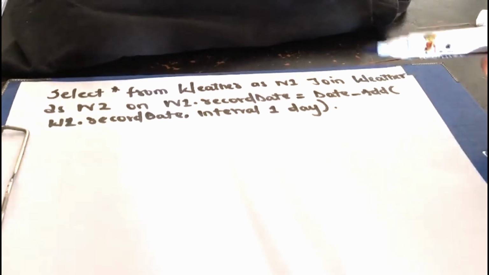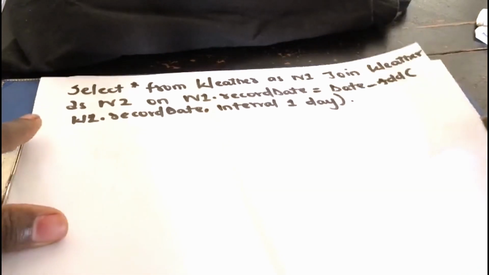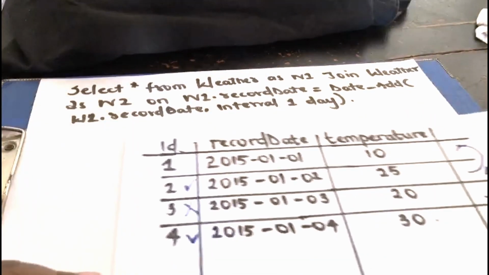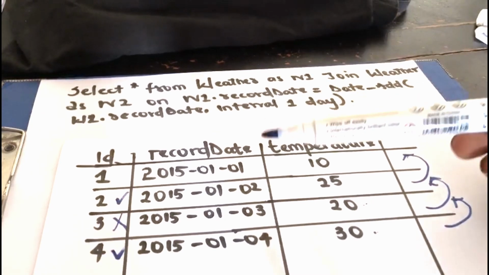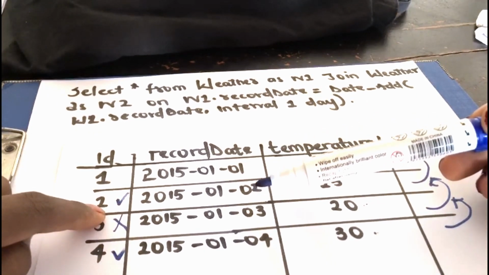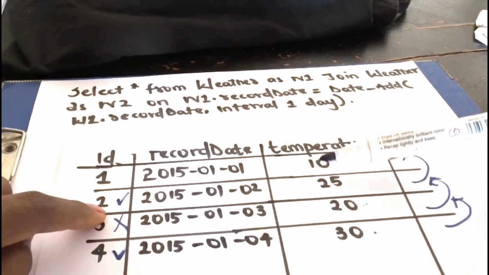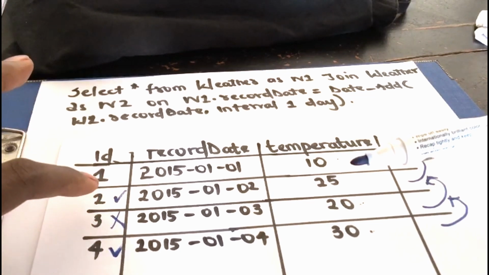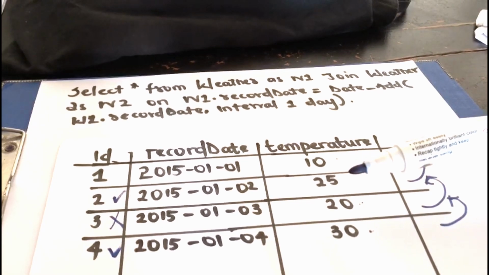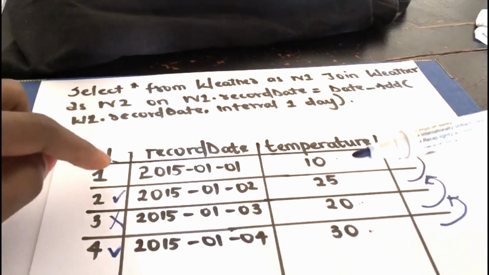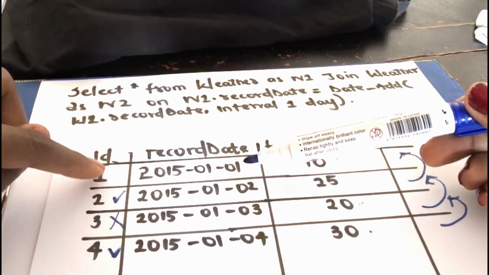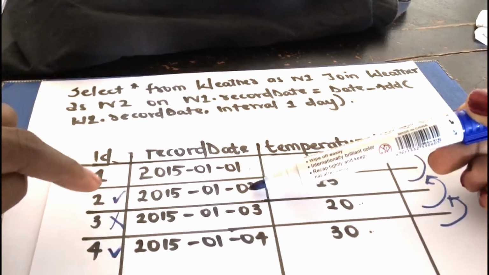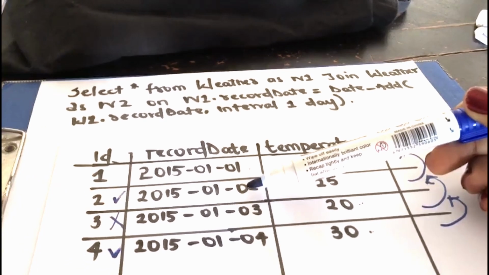So in SQL, there's something called DATE_ADD, right? We want to join the table in such a way that it starts from 2, because obviously there's nothing before 10 for us to compare it with. So we're starting to compare from 25 to 10 and so on. We want to start joining the table from where the weather date equals the day after, but we want to join it to the past date.